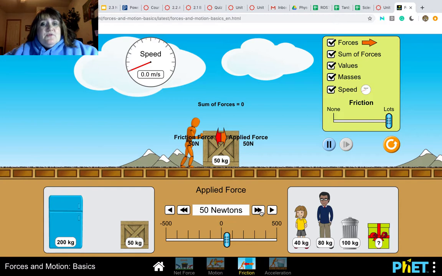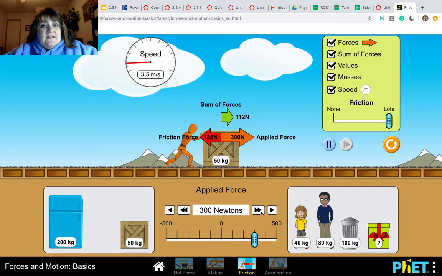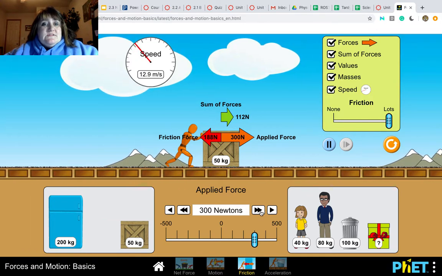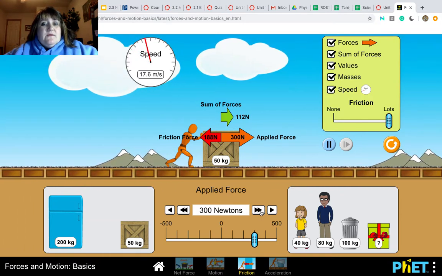So I have to push harder to overcome the friction. And I finally get to 300 newtons in order to overcome the friction.